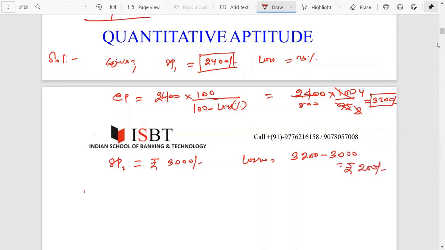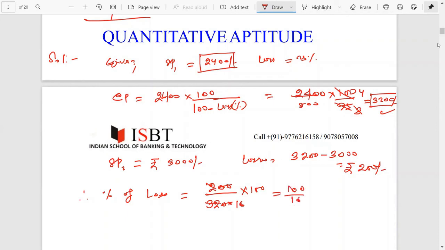Okay, so percentage of loss. How much percentage of loss? That is loss by cost price. What is the cost price? 3,200 into 100. Okay. 00 कट जाएगा, 2 16. 100 by 16.